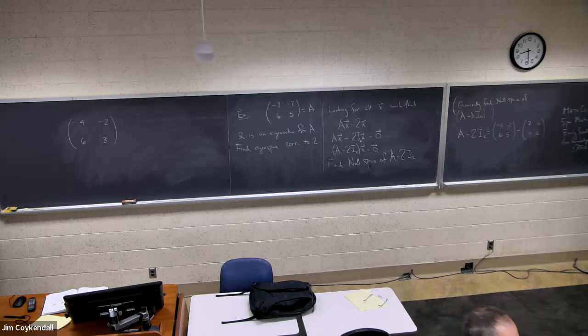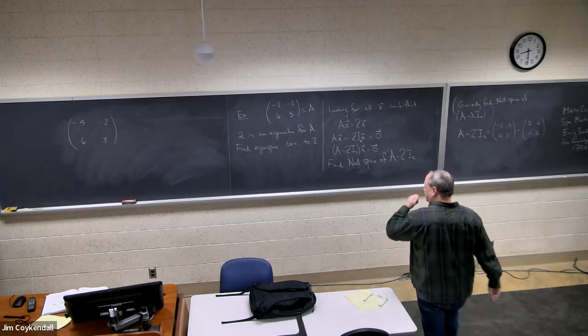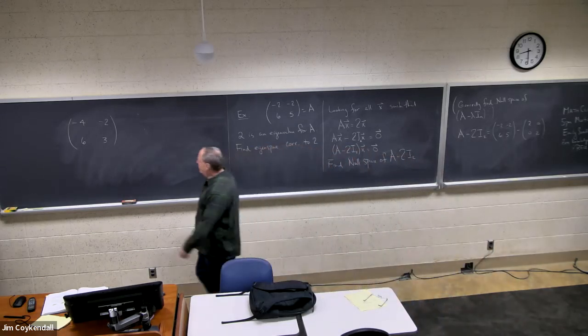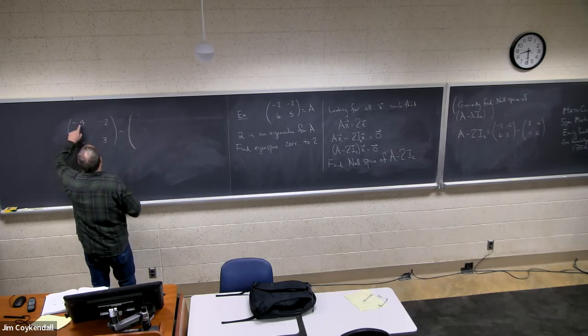Let me ask you this: what conclusion would you come to if the null space was trivial? What that would mean is the eigenvalue I picked only has a trivial solution, which means it's not a true eigenvalue. Well, let's do this thing.